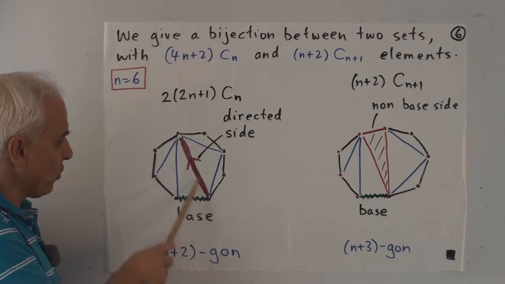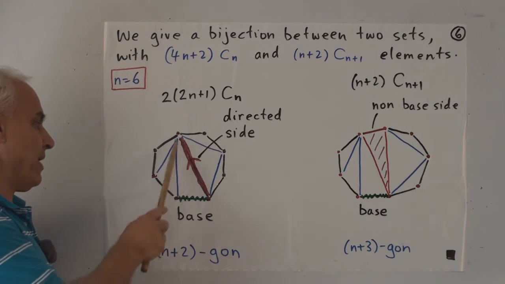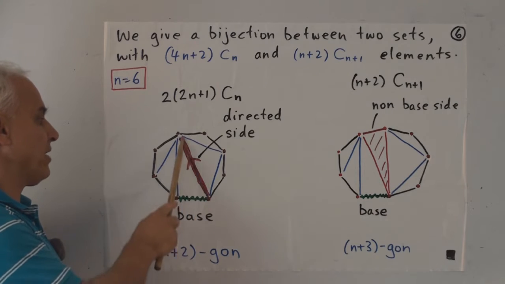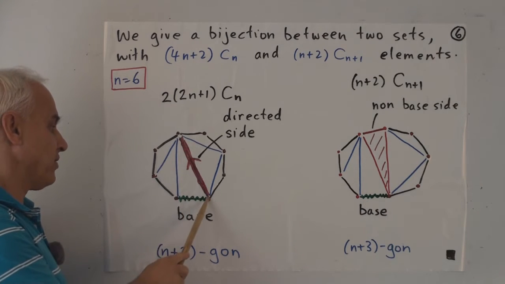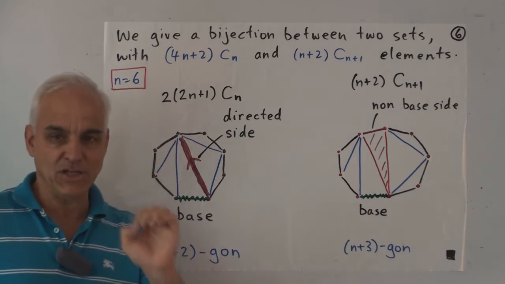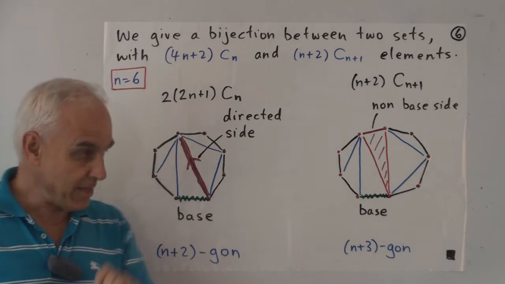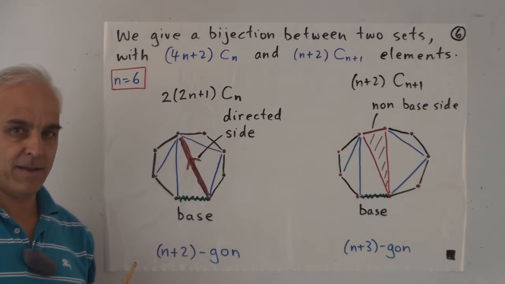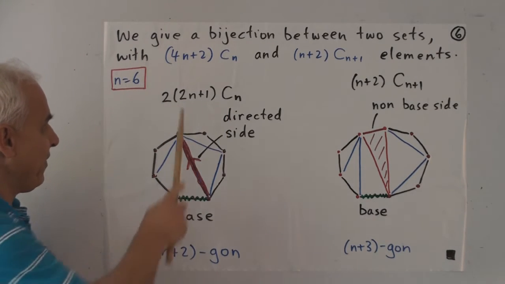All right, so I happen to have chosen this direction, and I've made it thick and colored in red. That's my chosen edge, and I've directed it in this way, so it's going from here to here. So the number of ways of doing that is 2 times 2n plus 1 times c sub n. It's exactly this number.